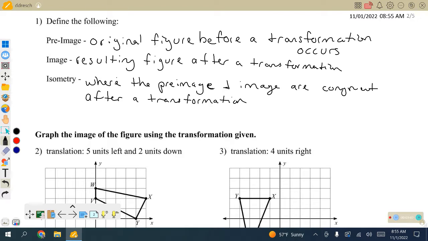So we have different types of transformations out there. We have four. Three we'll focus on right now, and then the fourth one we'll talk about again later on.